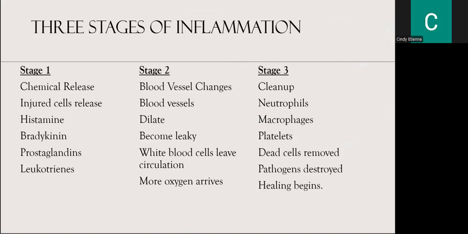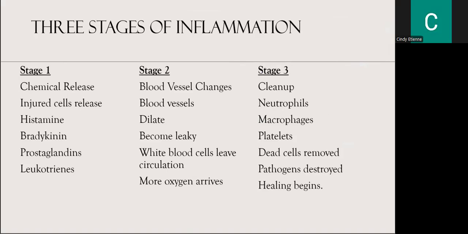Inflammation occurs in three major stages. Stage 1 begins with tissue injury. Damaged cells release chemical messengers such as histamine, bradykinin, prostaglandins, and leukotrienes. These chemicals act like emergency signals, alerting the body to help where needed. Stage 2 involves changes in the blood vessels.